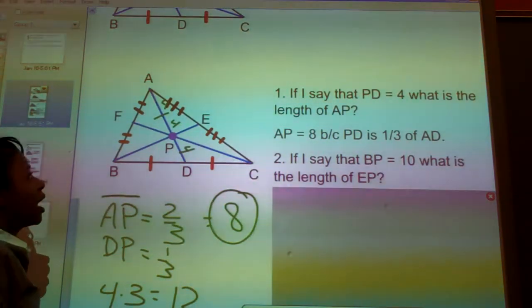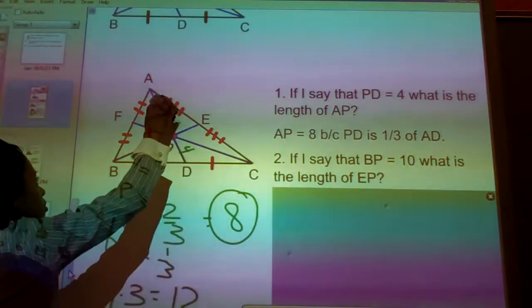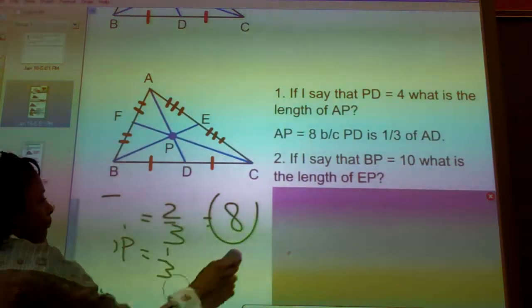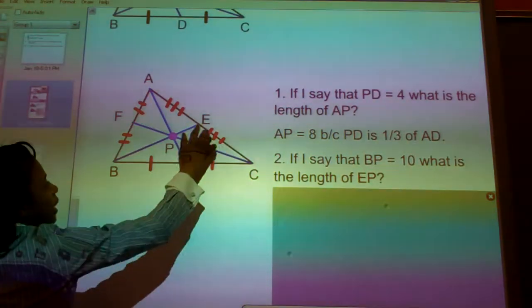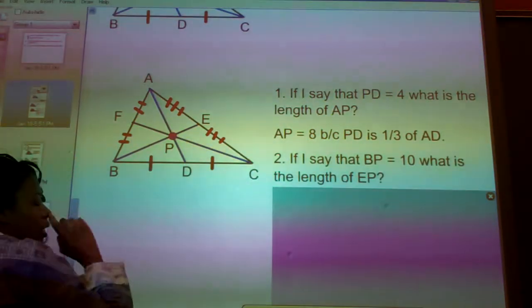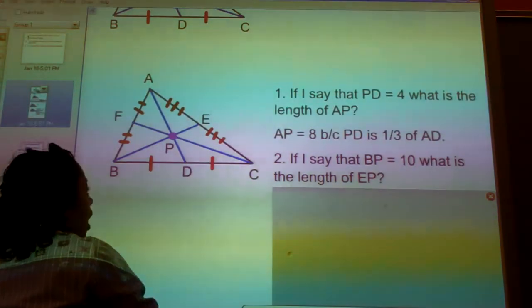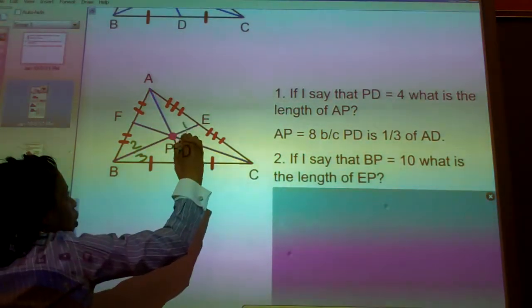Now if I'm looking at BP, because this is my centroid, I already know that BP is 2/3 and EP is 1/3.